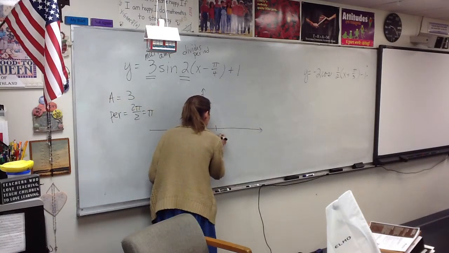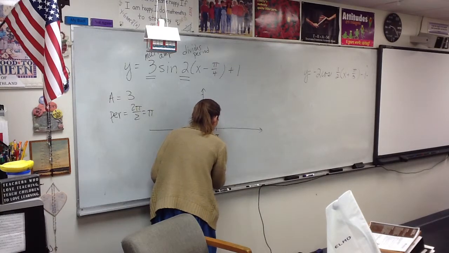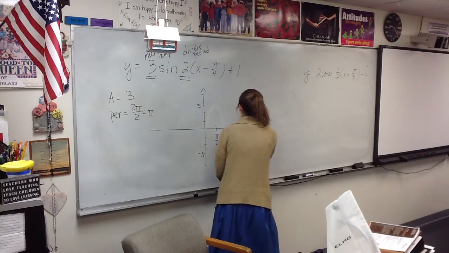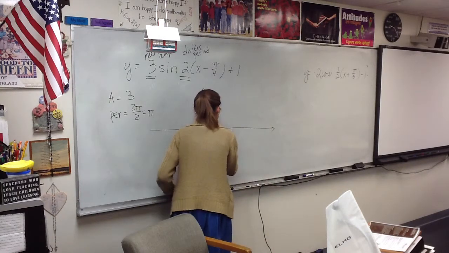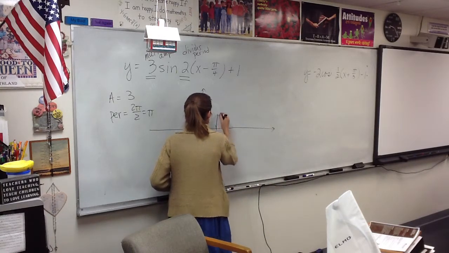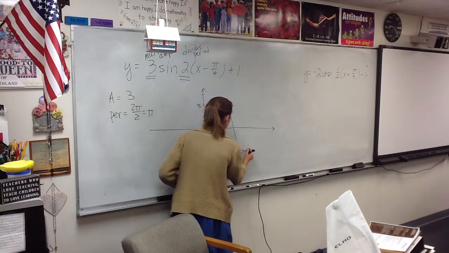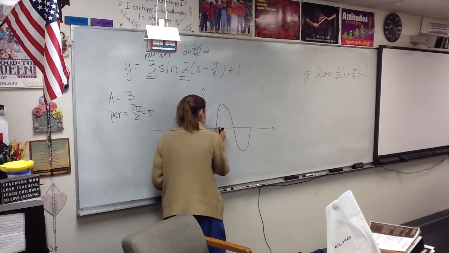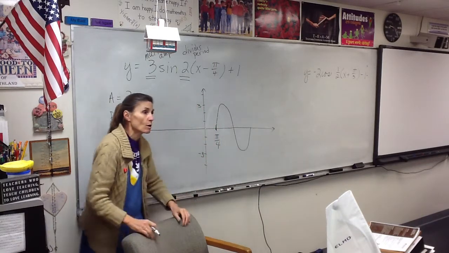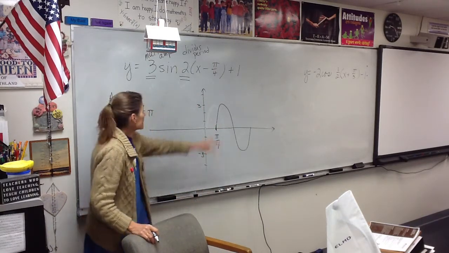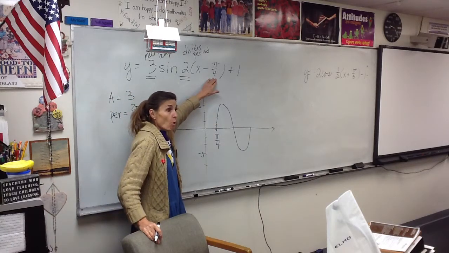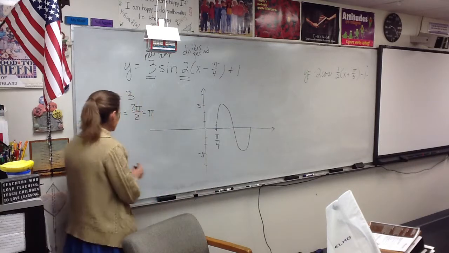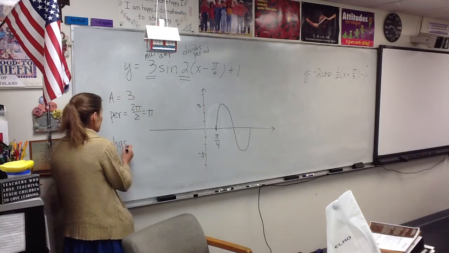So now my sine curve is going to start at pi over 4. So I'm going to draw a sine curve, same shape as before, amplitude 3, but I'm starting it at pi over 4 because of this horizontal shift, or for some reason in trigonometry we refer to it as a phase shift.